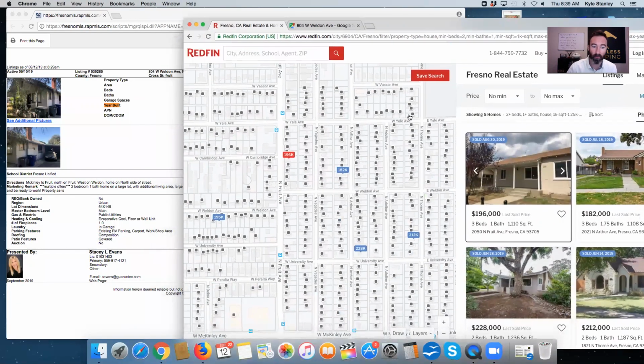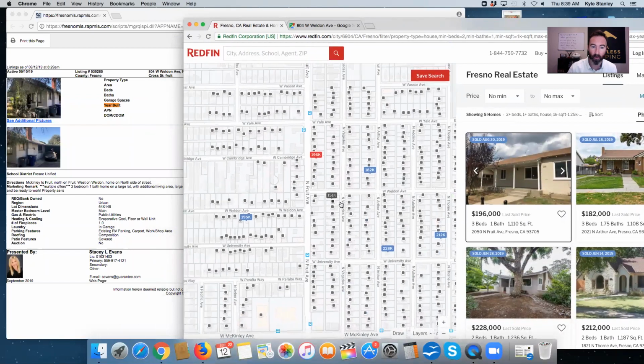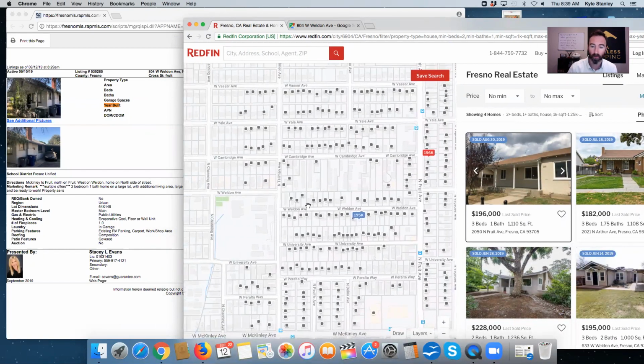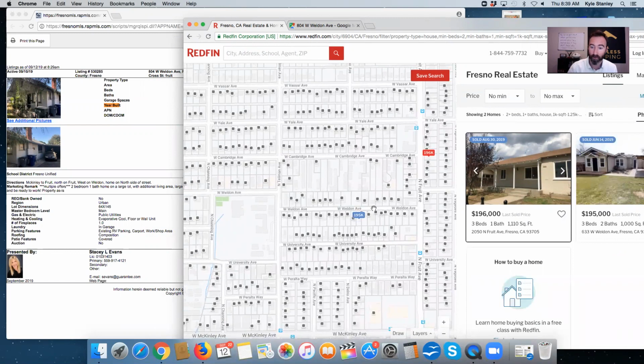When we look back at this map, we see that our home is right here. We're starting off small. I'm looking at this house and this house, which are probably 0.1 to 0.2 miles away. So right now we've got some decent comps.